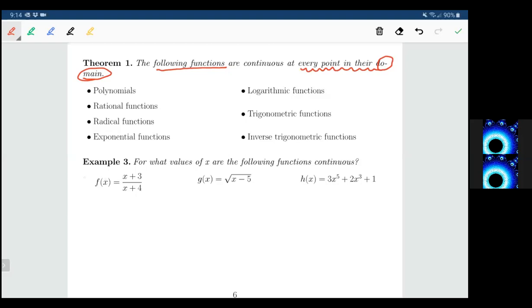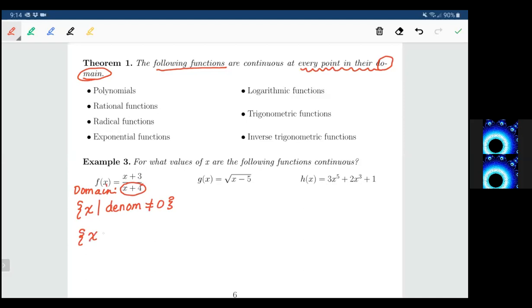For f, this is a rational function. And we know that for rational functions, the domain is the set of all x such that the denominator does not equal 0. For our function, the value of x that will make the denominator go to 0 is -4.